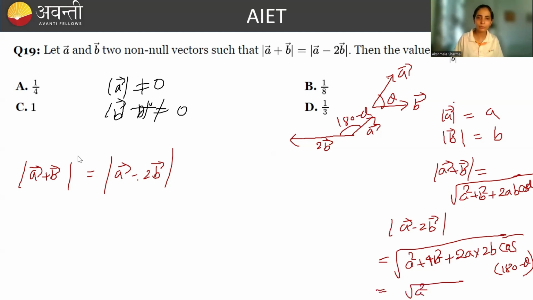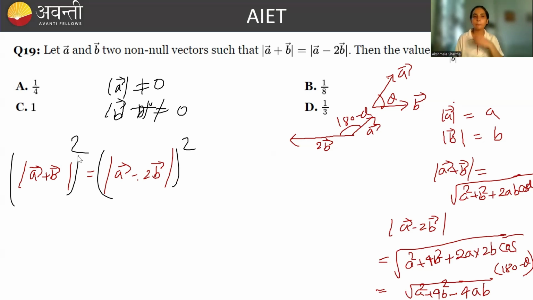So this will become root under a square plus 4b square minus 4ab cos theta, right? So this is going to be the thing. Now let's put all those things in the equation. Let's do one thing, square both sides to make the equation easily solvable.